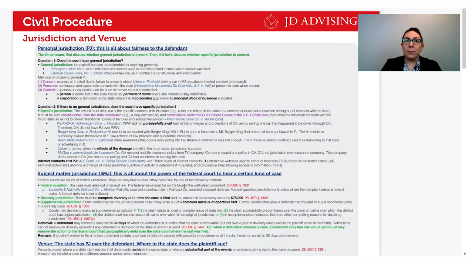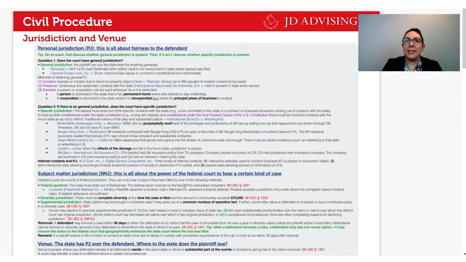The other way to get presence as a means of general personal jurisdiction is if the person is present in the state when they are served with process. We'll talk about serving process. It's one of the rules of civil procedure, but this is the procedure that occurs when someone hands you the summons and complaint, letting you know that you've been sued.